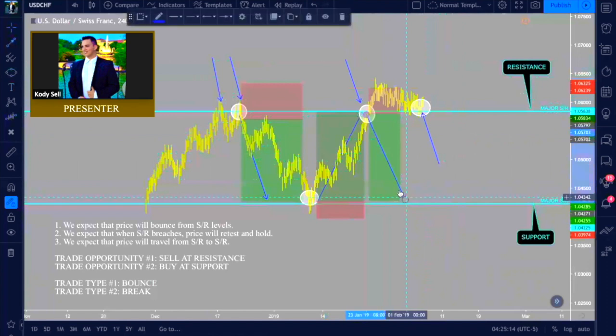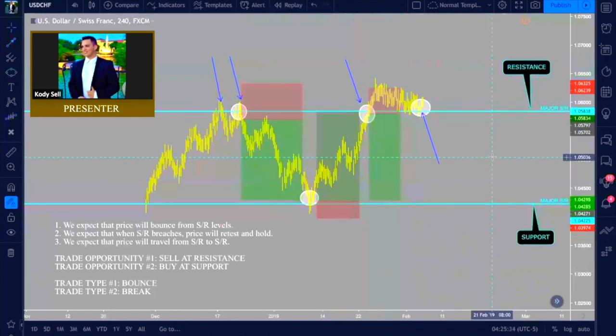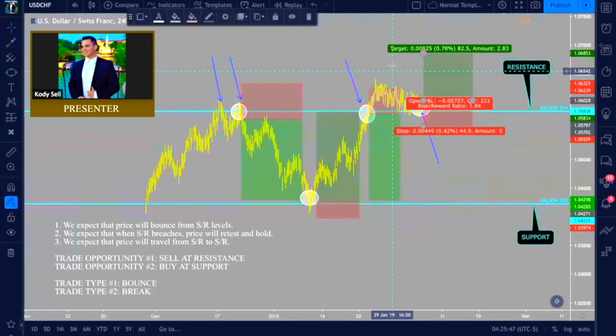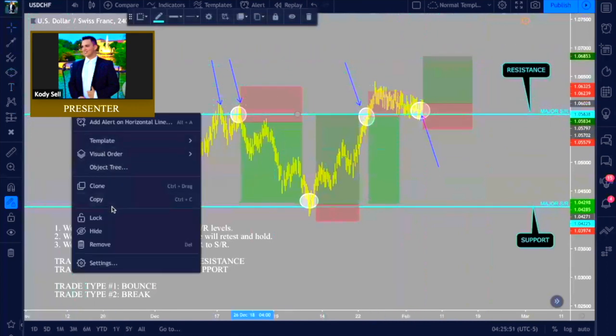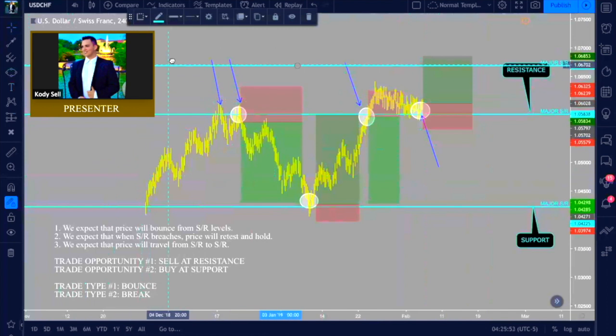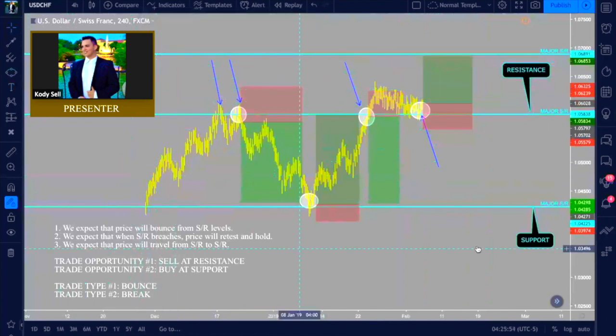Let me get rid of these other arrows. Okay, there we go. That's a little more clear. So we were at resistance. We're now at support. What do you do at support? It's real simple. You buy. Okay, that's it. And what are you going to target? You're going to target whatever your next resistance is. Right there. That's it. It's real simple.